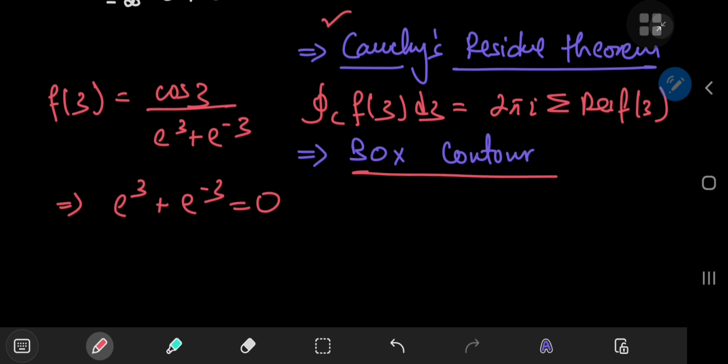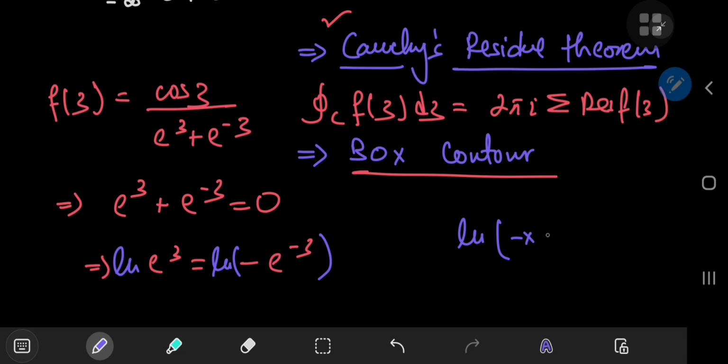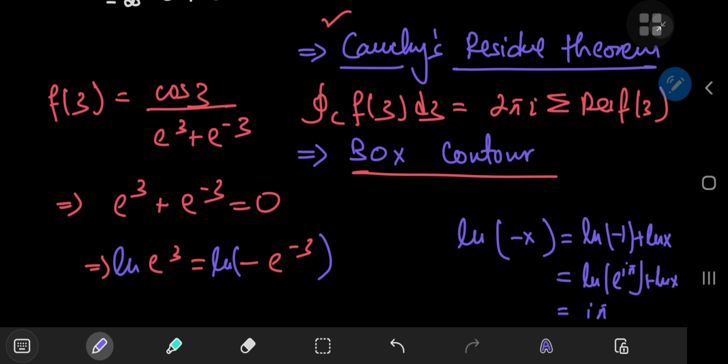You can solve this equation quite easily: e to the z equals the negative of e to the negative z, and then you can use the natural logarithm in the complex sense. We know that the natural logarithm of some negative number x in the complex world equals the natural log of -1 plus the natural log of x, and the natural log of -1 is just e to the I pi using Euler's identity, and this equals I times pi.